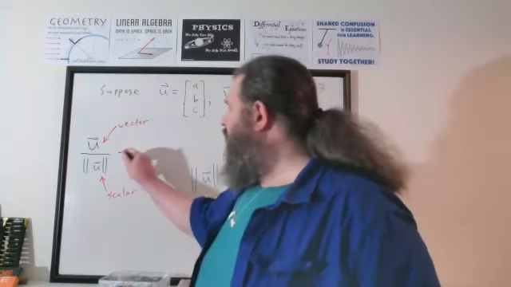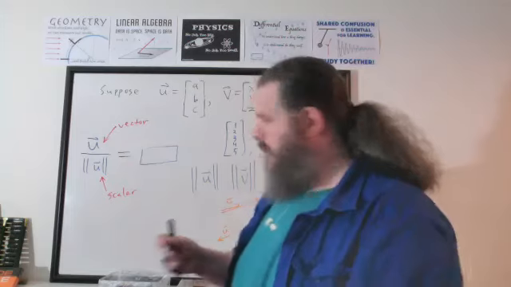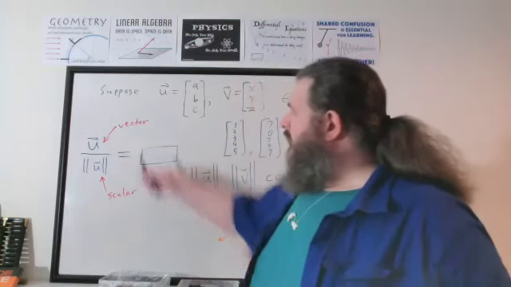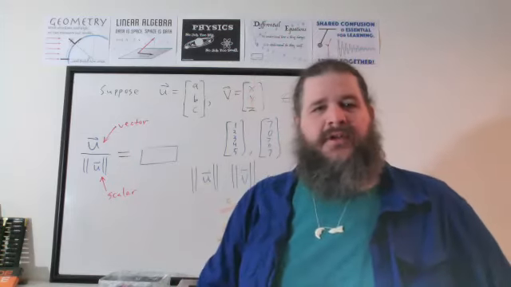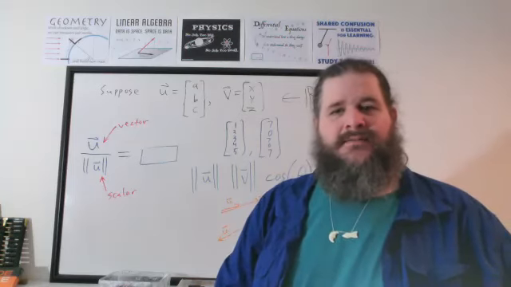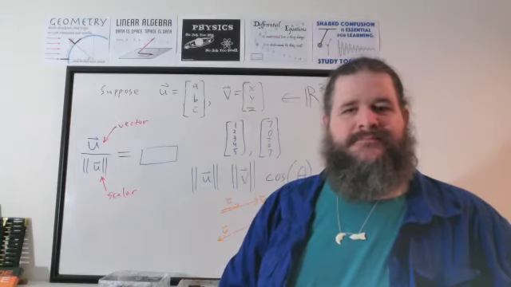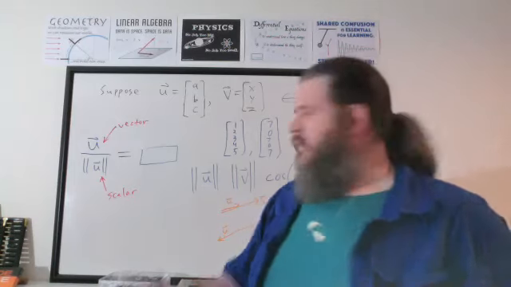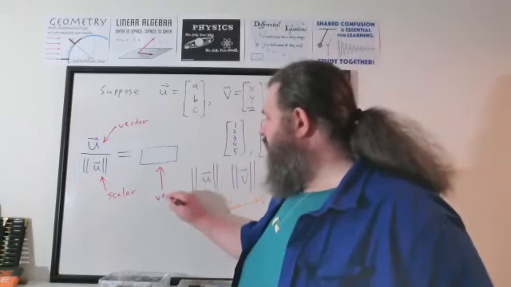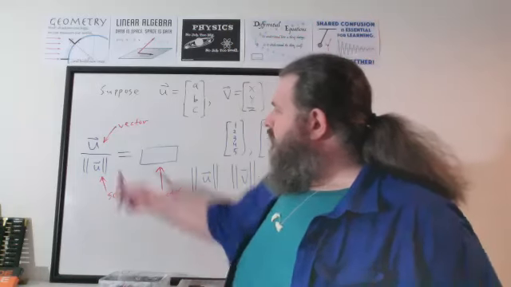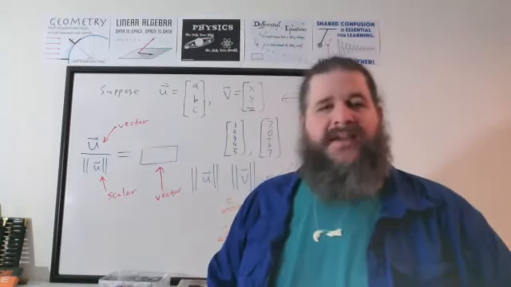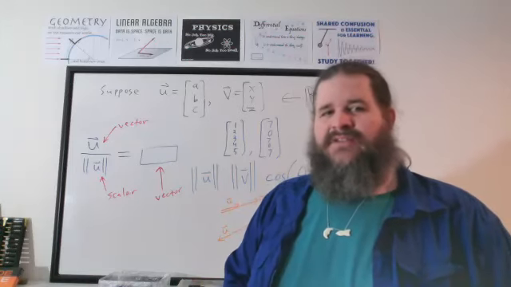So that's going to equal something. However, if you take a vector and divide by a scalar, is the result going to be a vector or a scalar? Yeah, the result is a vector. Exactly. Because if you take a vector and multiply or divide by a scalar, you're not really changing the direction.